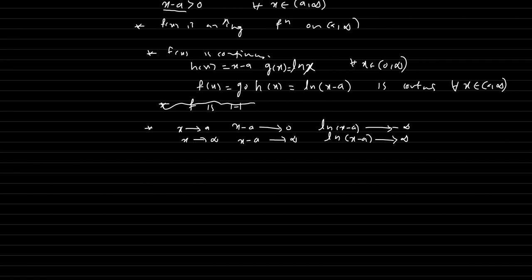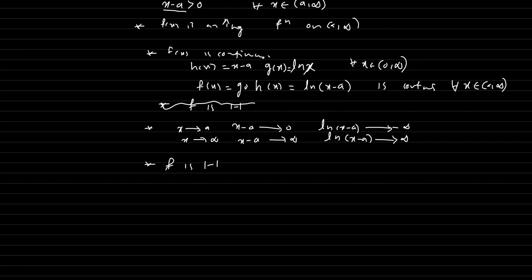But we need to find what is the inverse of this function, and we need to verify if this function is one-one by taking f of x1 equal to f of x2 implies x1 equal to x2. So f is one-one.